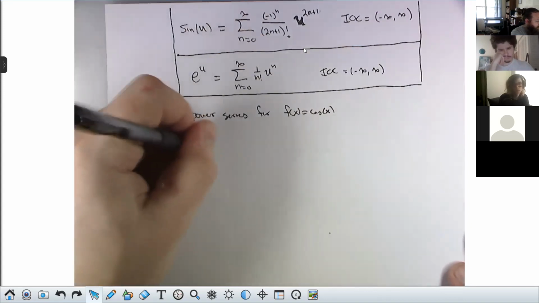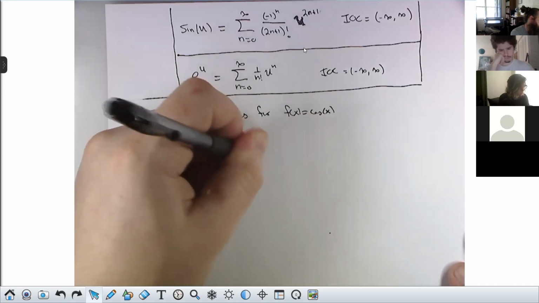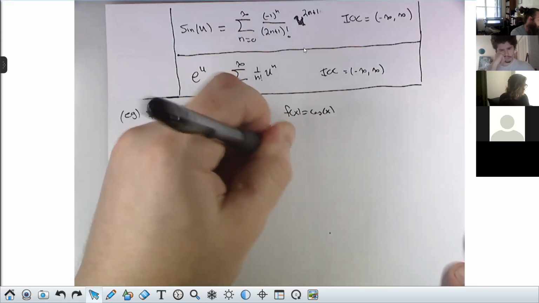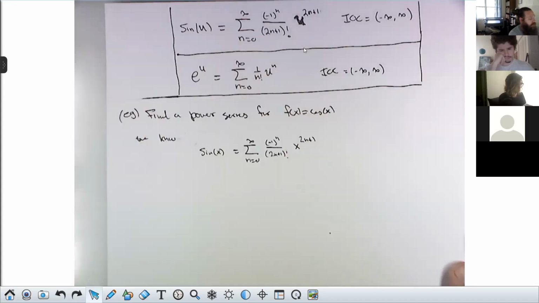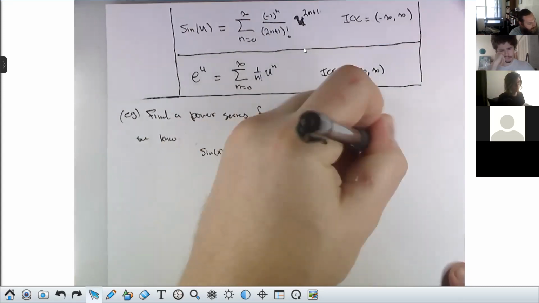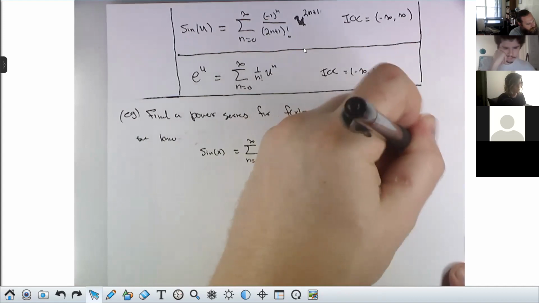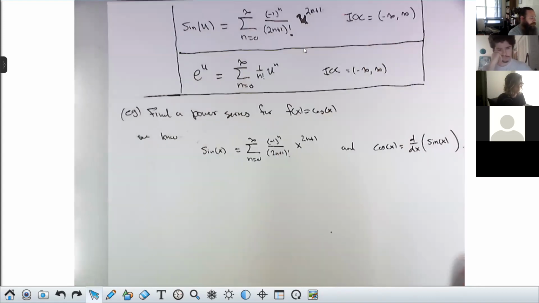And we know that sine x has series sigma n from 0 to infinity, negative 1 to the n over 2n plus 1 factorial x to the 2n plus 1, and that cos x is equal to the derivative of sine x.